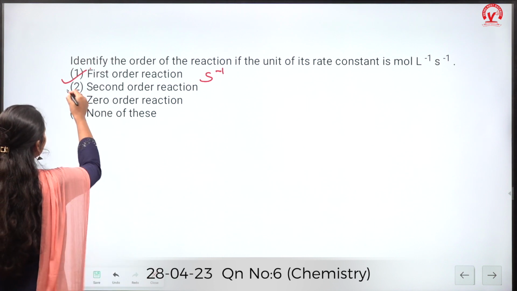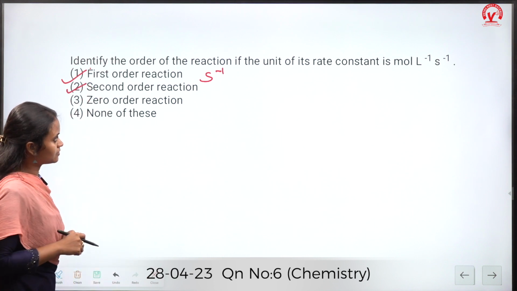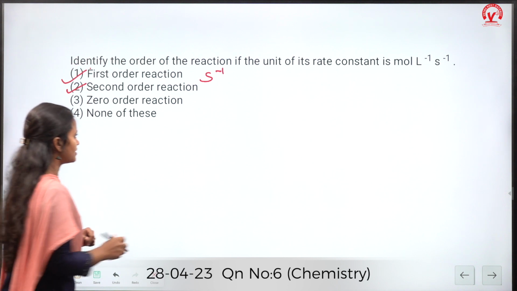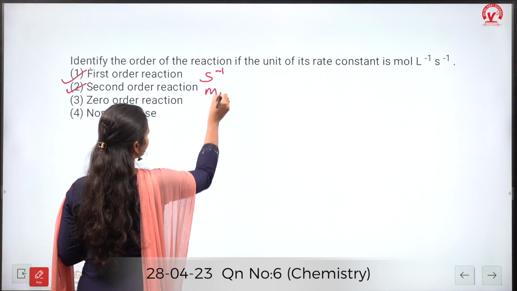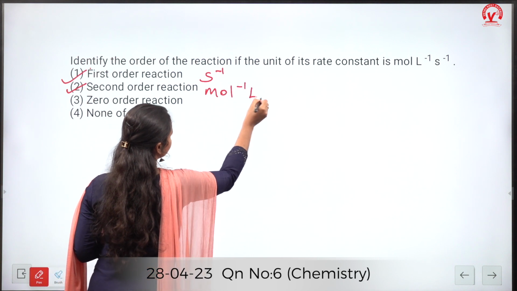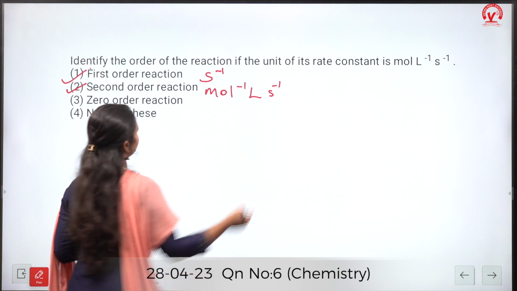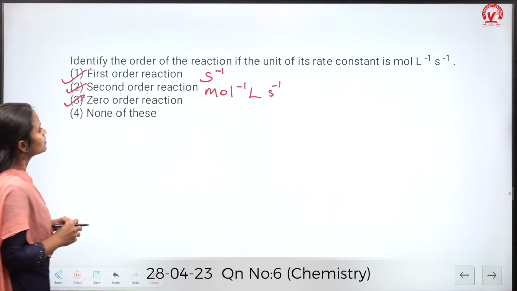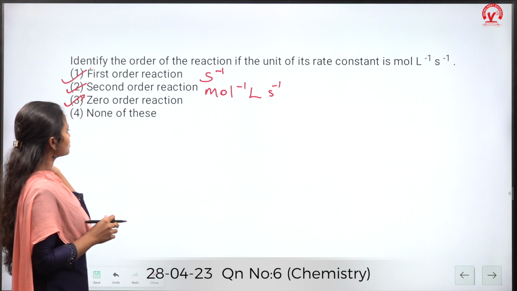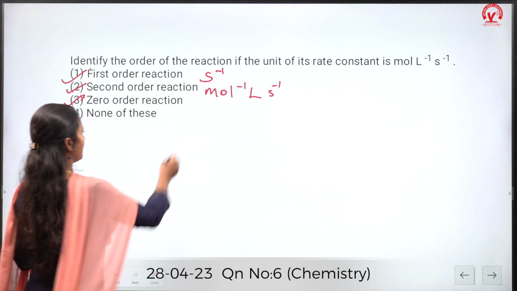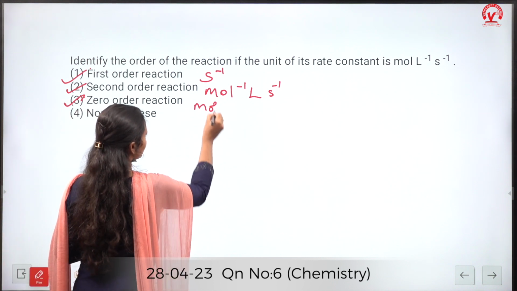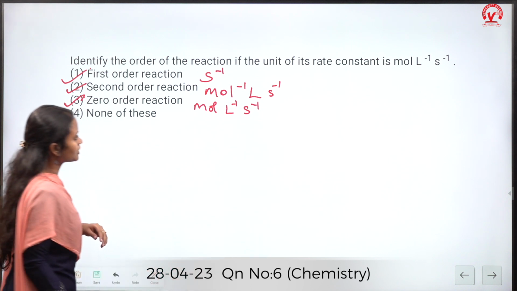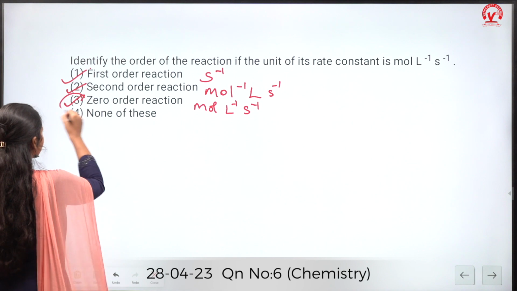In option 2, second order reaction, the unit of rate constant is per mole liter per second. In option 3, the rate constant unit for a zero order reaction is mole per liter per second. So the correct answer is option 3.